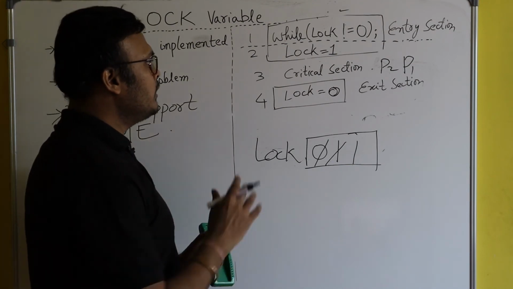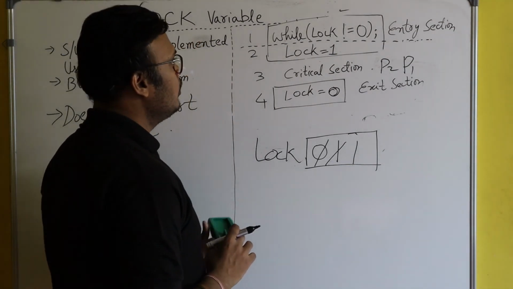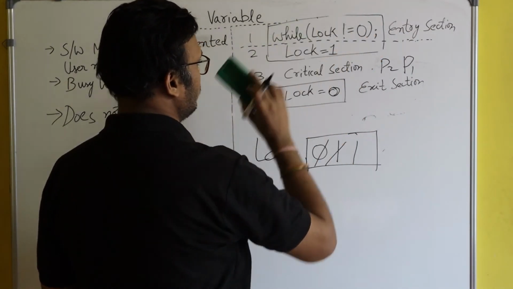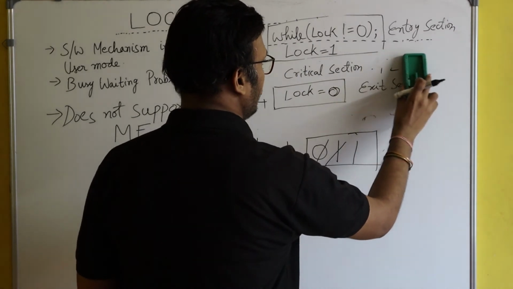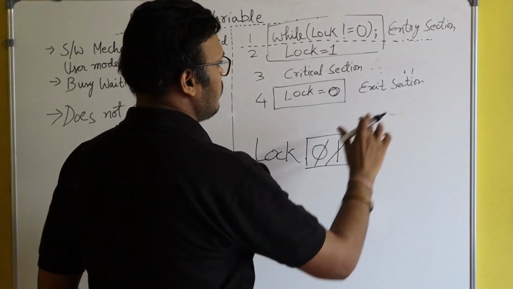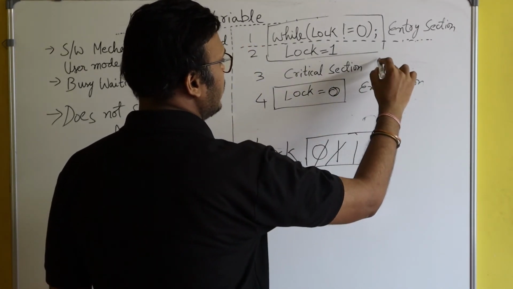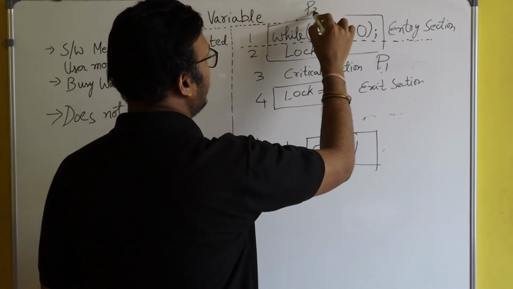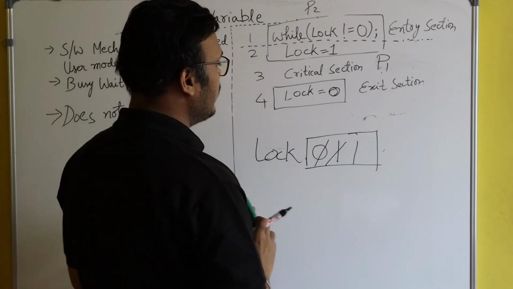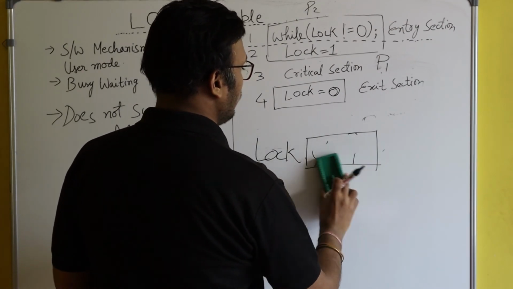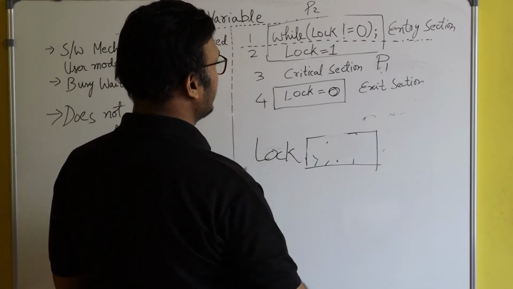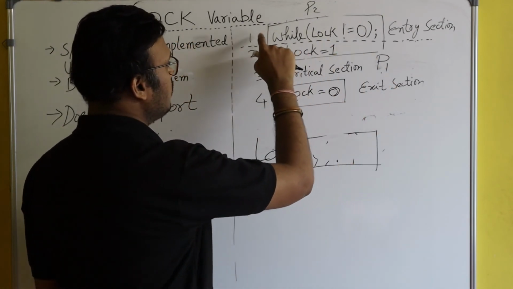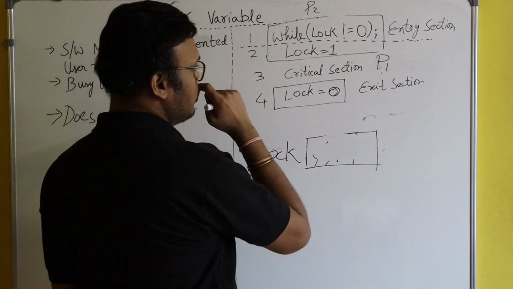So here with this code, I will try to explain how busy waiting will happen. Suppose there are two processes, P1 and P2, and P1 is inside the critical section. Then definitely P1 might have gone through line number 1 and 2.